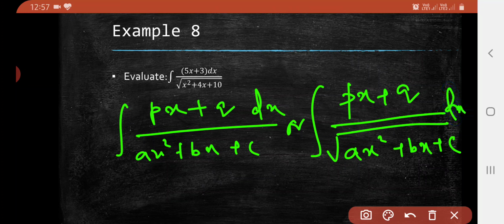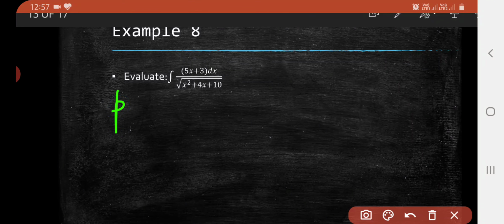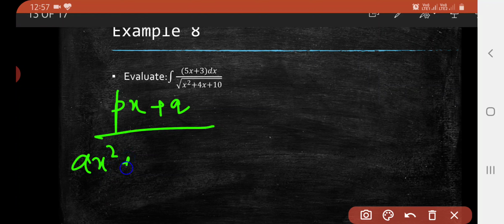So what we have to do first, so you are given say px plus q by ax square plus bx plus c. So this is what you are given.